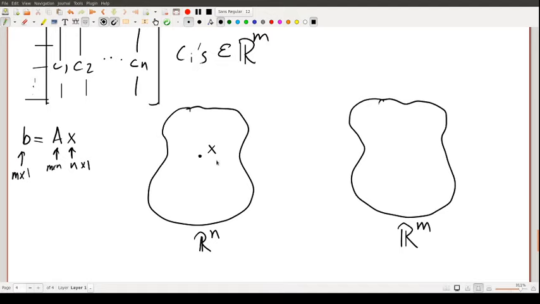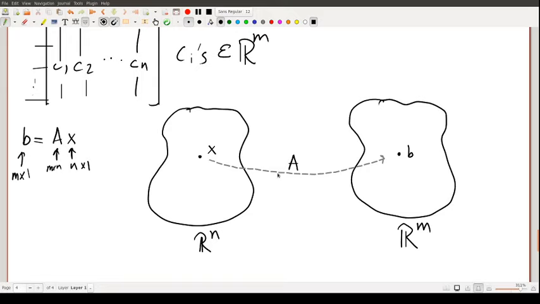So by multiplying with A, you go from this space to this space, and what you get is a vector b in the other space.